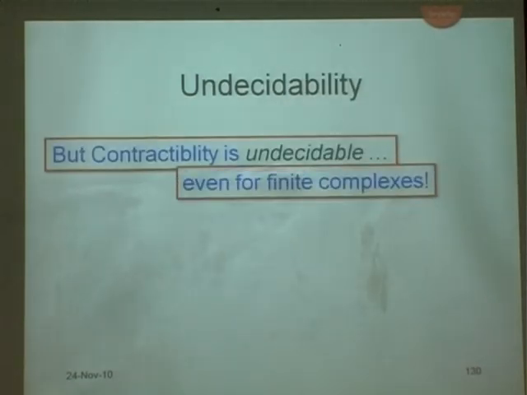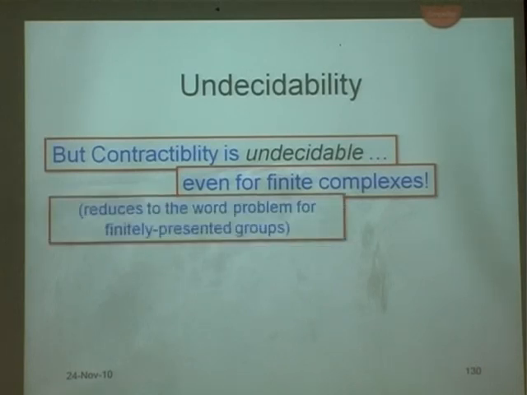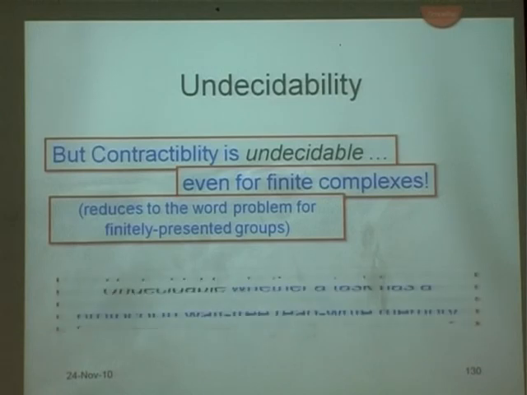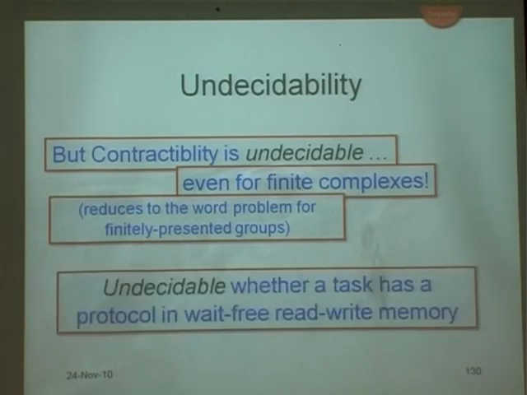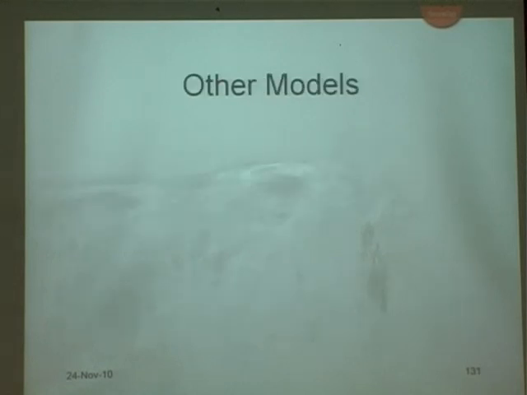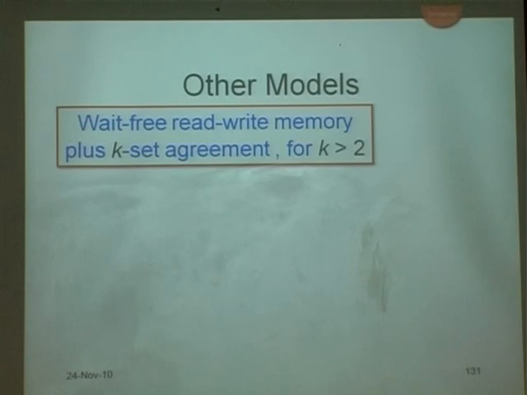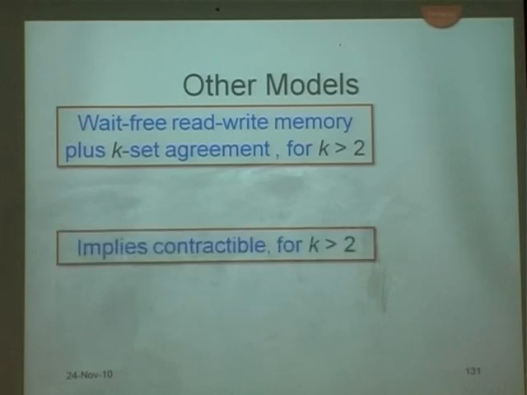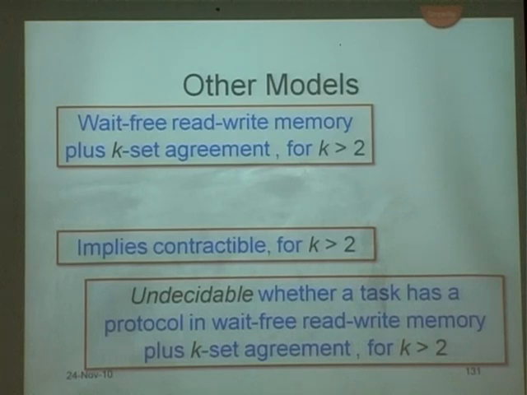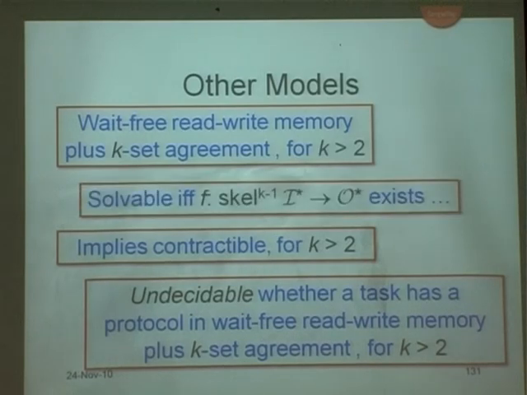But loop contractibility is undecidable for finite complexes. That's a standard result. So it's undecidable whether a task has a protocol in wait-free read-write memory for 3 or more processes. If I give you case-set agreement for k larger than 2, that's the same thing, because the loop is just one-dimensional, and the skeleton tells you whether it's contractible. So it's undecidable for k larger than 2.